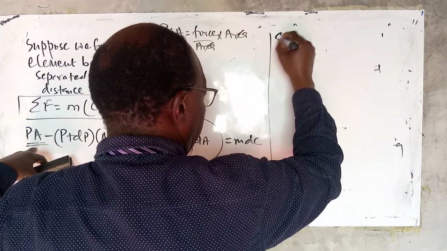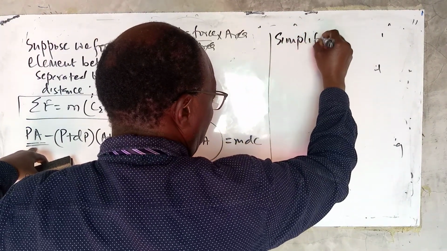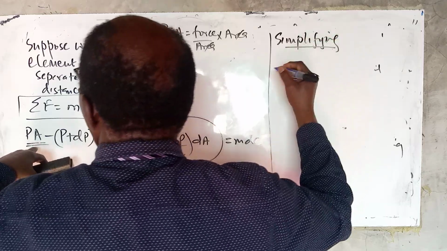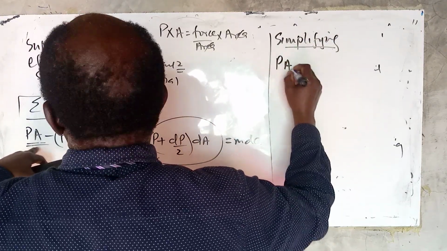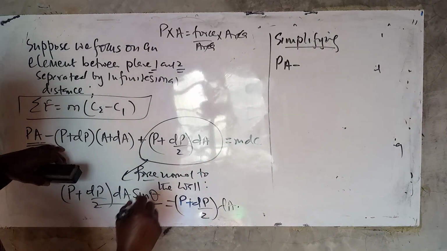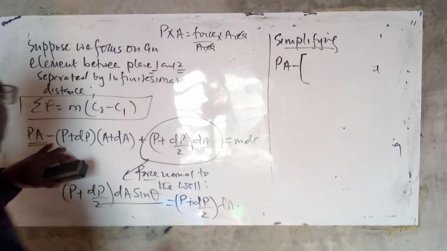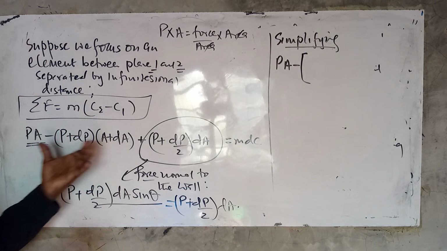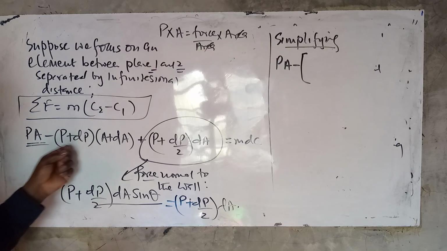So simplifying, we have PA minus, because remember we open up these brackets, we just multiply the elements there.